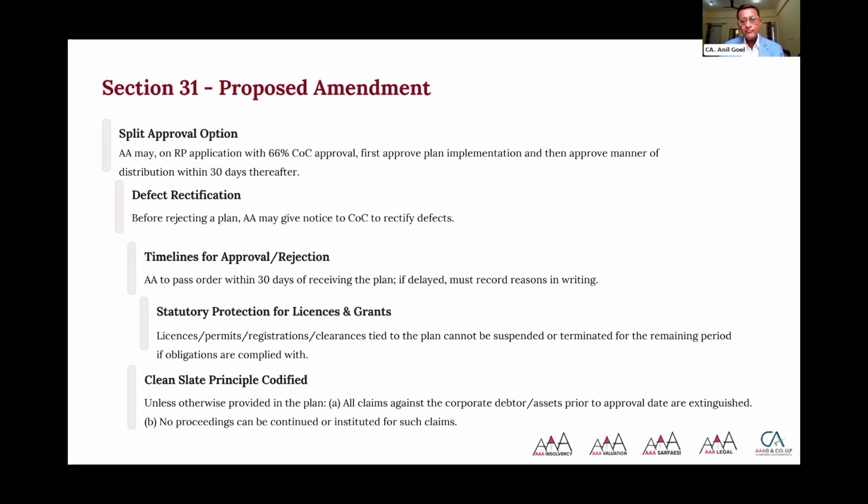Now, we can see in various cases, especially in home buyers cases, where the resolution plan is approved for 1 year, even today there are 12, 13, 15 cases being filed by various home buyers who are saying that we could not file our claim on time, so we are losing.